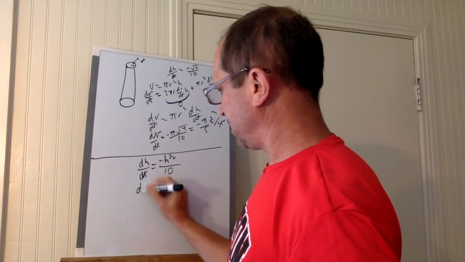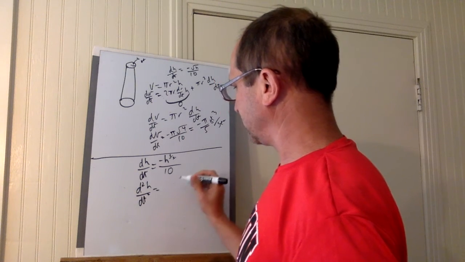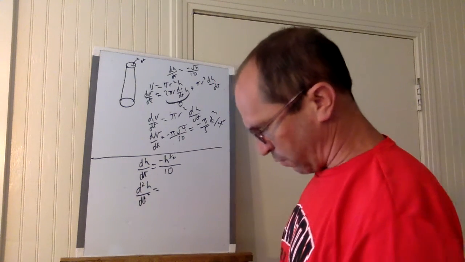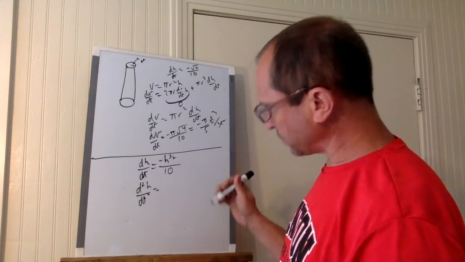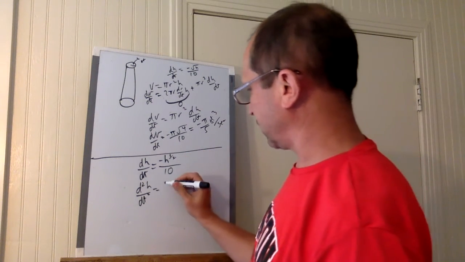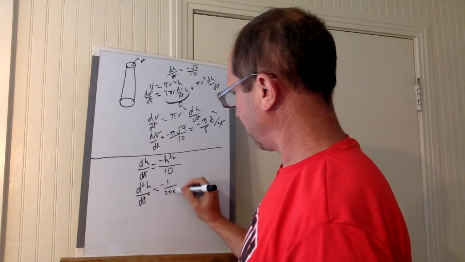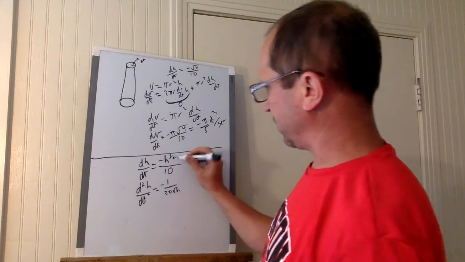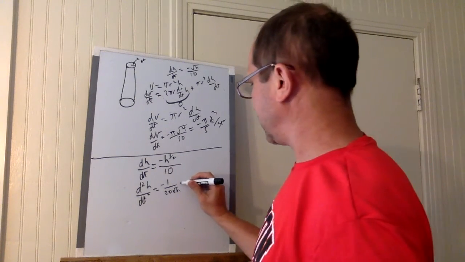So d squared h over dt squared is negative 1/2 or 1/2 times, so we get negative 1 over 20 over the square root of h, because this would become h to the negative 1/2 here, and then dh/dt.